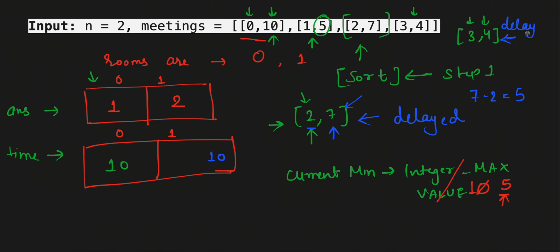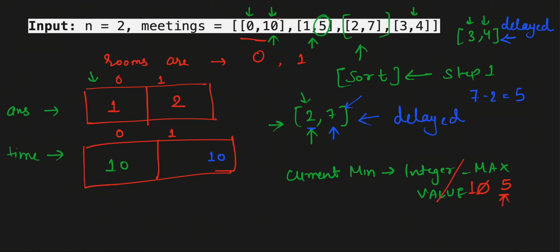This also gets delayed because the starting time was 3 and both the rooms will get unoccupied at time interval 10 and 10. So how can I choose which room gets unoccupied first, so I start this meeting there?